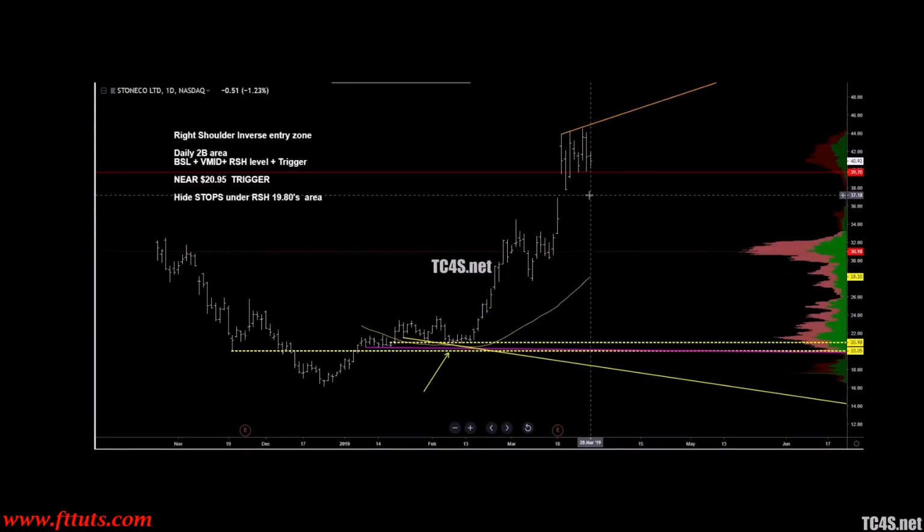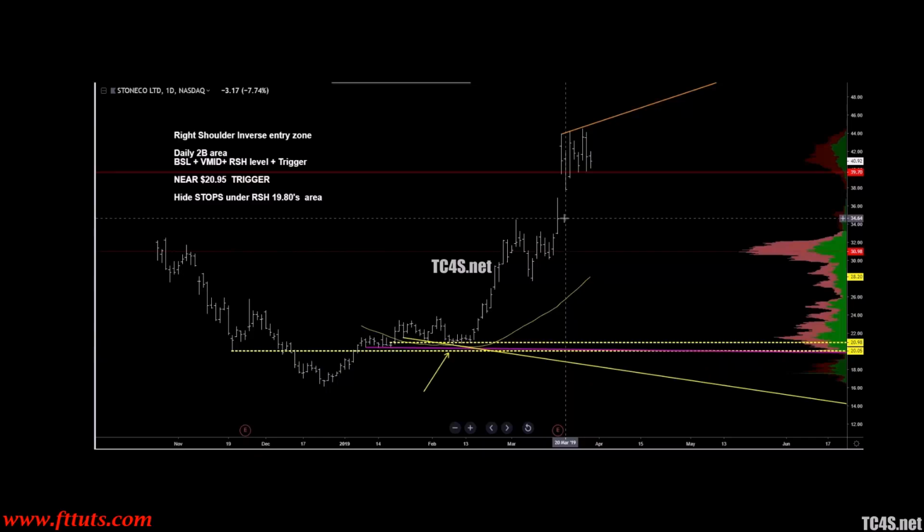But realistically, right now is harder to trade. For all I know, the stock is going to come all the way back to this full gap fill, right down here at $34. But that seems extreme for this circumstance based on price action.